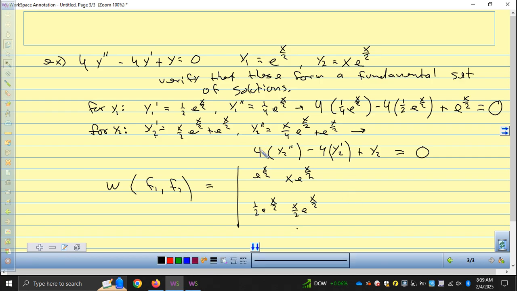Wait, let me look. Oh, this is y prime here. I was looking at y double prime. We'll form that determinant.